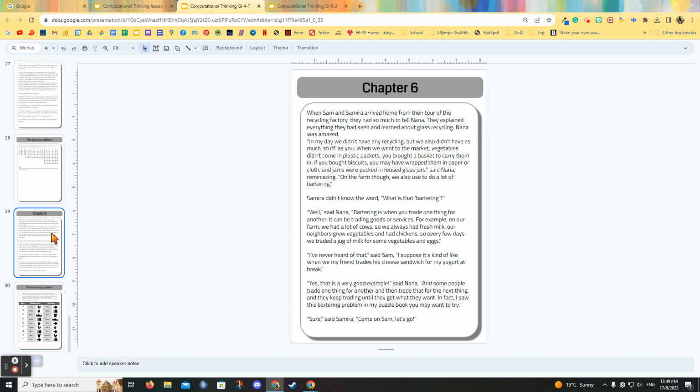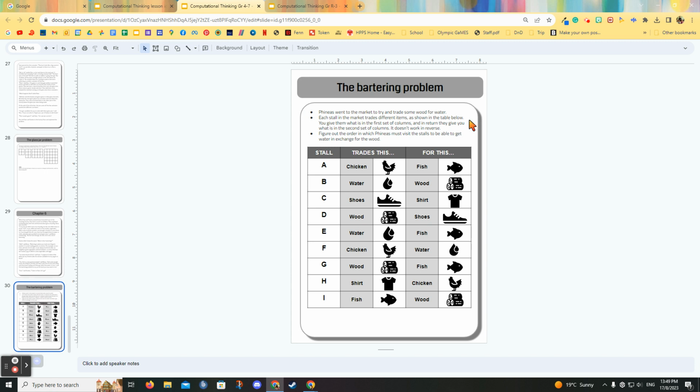Sam's relating it to how he trades his cheese sandwich for his friend's yogurt at break. Nana says she found a bartering problem in her book. So this is another logical bartering problem.